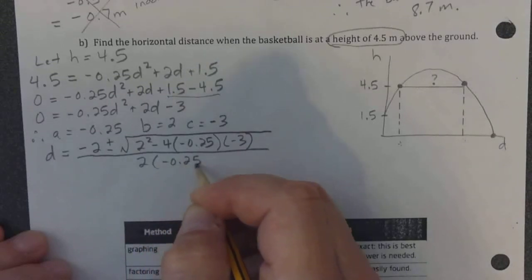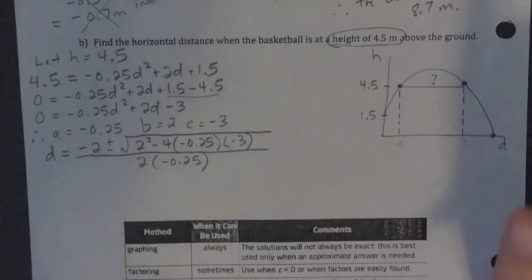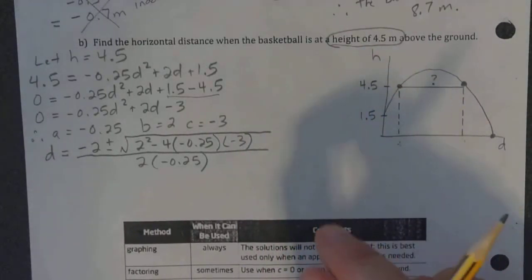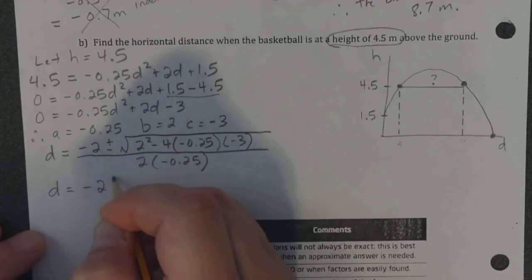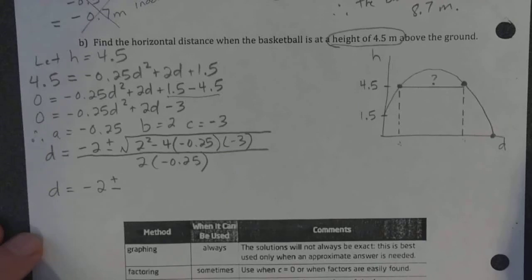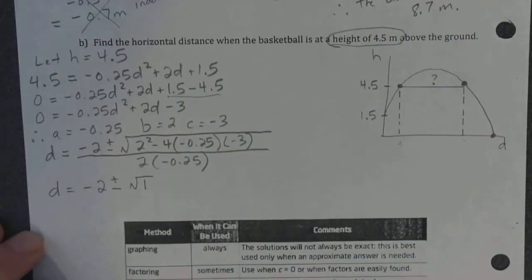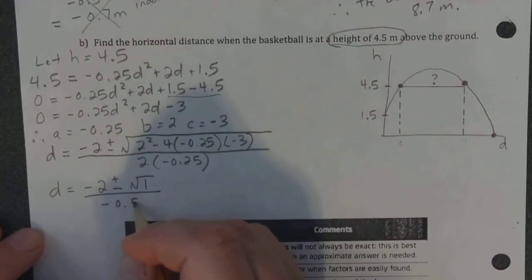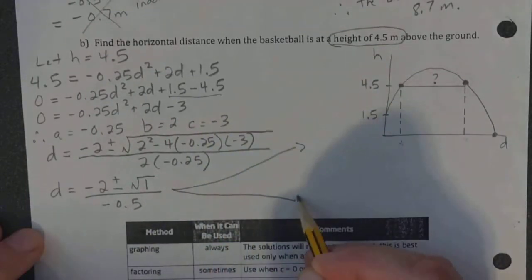All over the whole thing, 2 times A. Again, get one number underneath the square root sign. And that one number, believe it or not, is a nice 1. Square root of 1 all over negative 0.5.